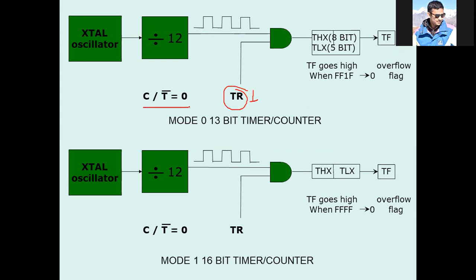And as C/T bar is 0, so this is the timer operation. It is hard to understand because by using a mouse I can't write properly. Anyway, whenever this bit is set, this will give some output like this. Clear or not?